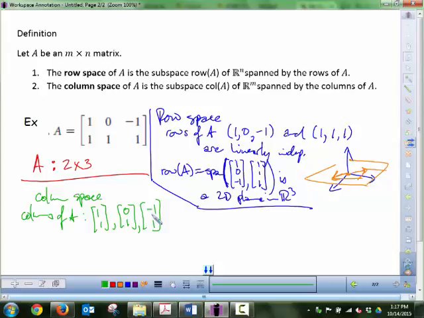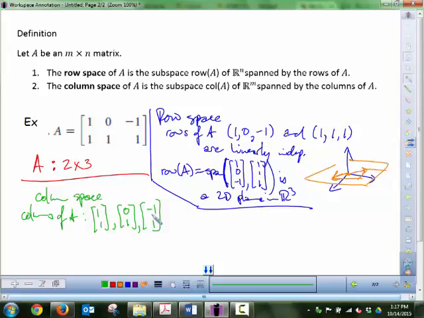What are the possible subspaces in R2? Either just a point, a line passing through the origin, or all of R2. So they are either 0-dimensional, 1-dimensional, or 2-dimensional. I have 3 vectors here. Do you think this will be a 3-dimensional subspace of R2?